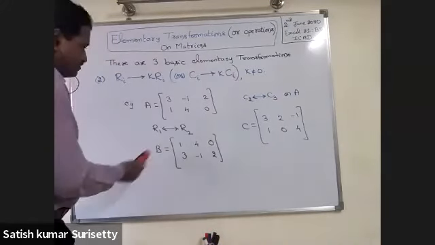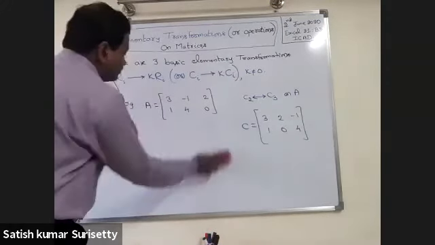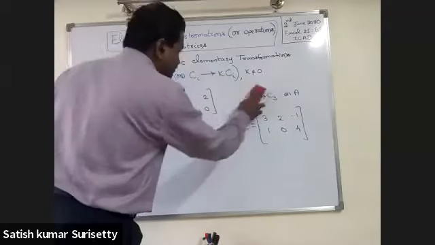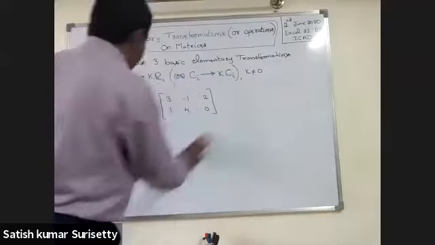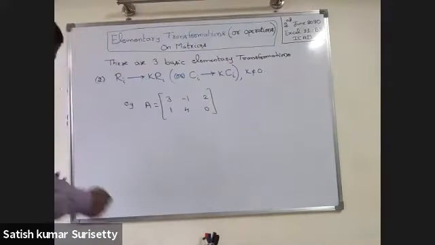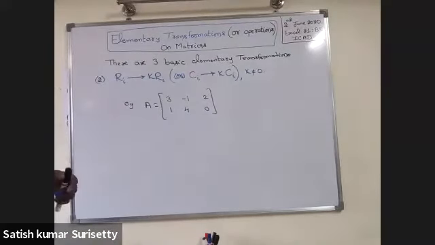That is, multiplying a non-zero constant to all the elements of ith row or ith column.